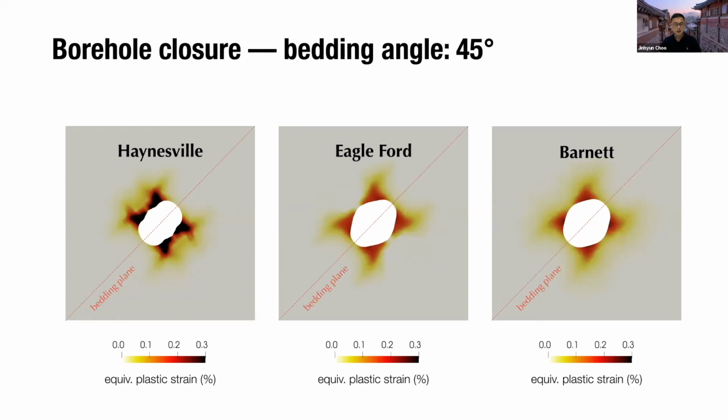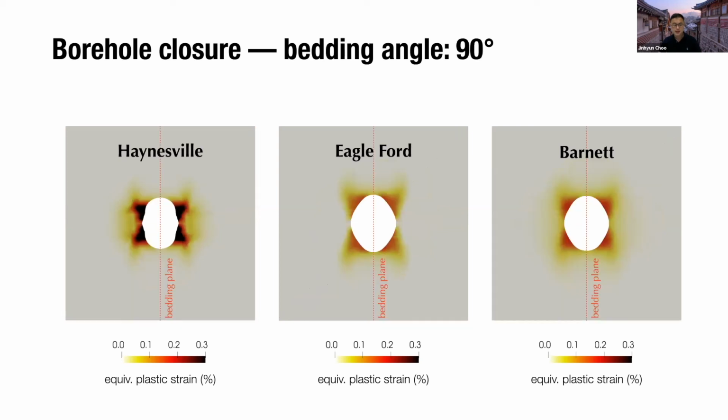And when we change the bedding plane to 45 degree, you can see that the deformation pattern also rotates accordingly. And that's also true for the 90 degree. So we can confirm that this behavior is really due to anisotropy, but their specific results can be quite different by constitutive behavior.